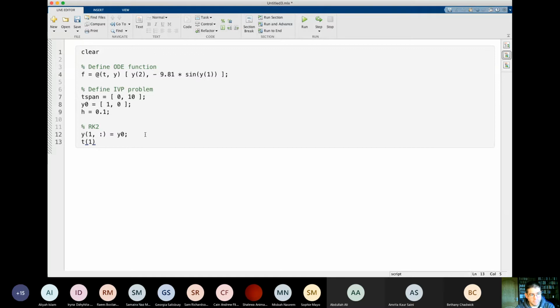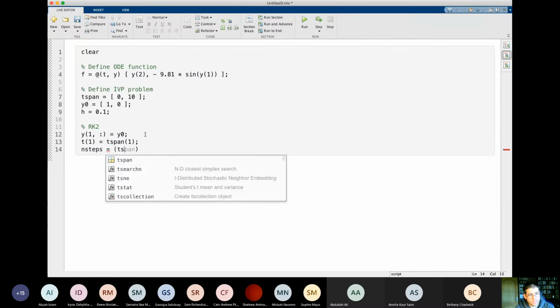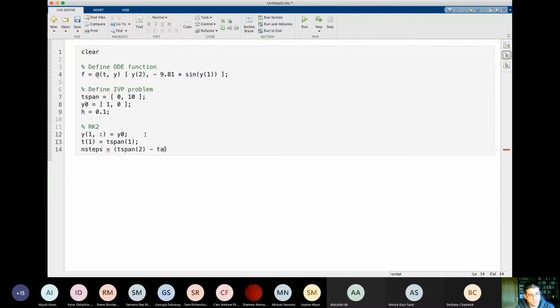T is just a single variable, so that's going to be T-span 1. How many steps have I got? The number of steps is T-span 2 minus T-span 1 divided by h. In this case I've got 100, which makes sense because I'm going from 0 to 10 in steps of 0.1.